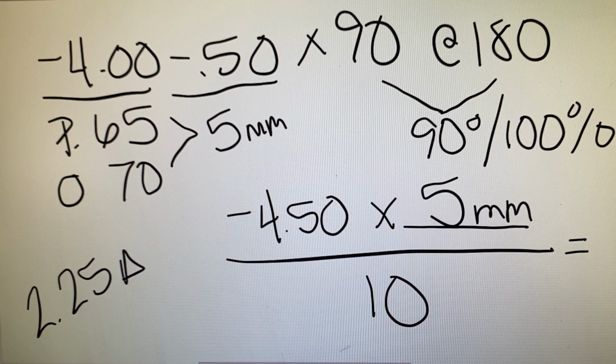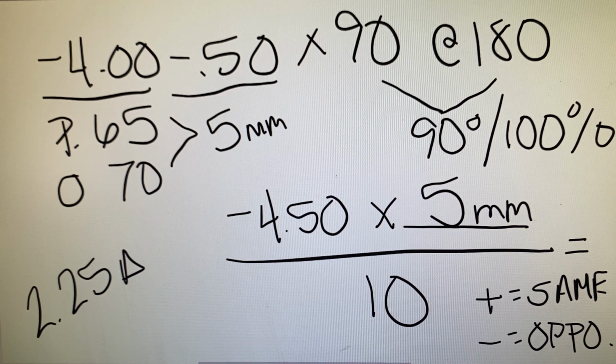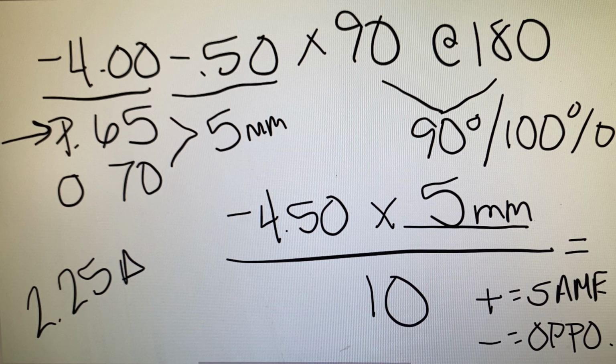We're not quite done yet. We do have to tackle base direction. And remember that pluses are the same as what was wrong, and minuses are opposite. In this particular scenario, we asked for a PD of 65, but they sent us glasses made with the optical center at 70.